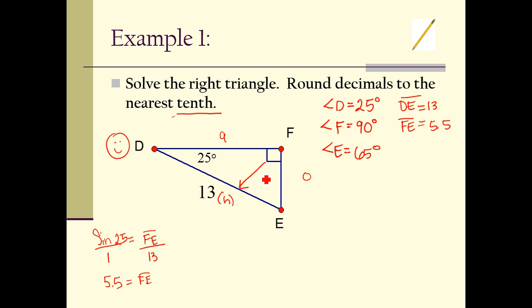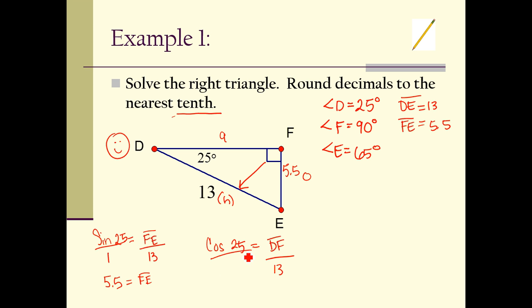Now if we know the opposite is 5.5, there's a couple of things we could do here. We could use the Pythagorean theorem and find the third side, or we could use trig again. I'm just going to use cosine. Cosine of 25 is equal to segment DF over hypotenuse, because it's adjacent over hypotenuse.